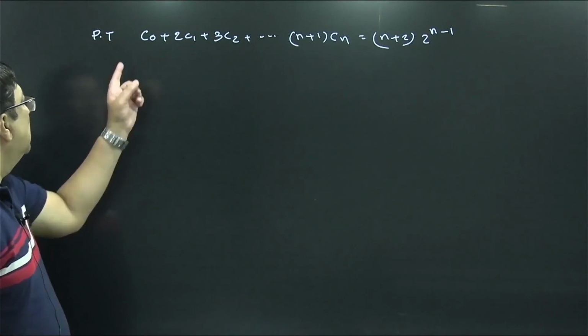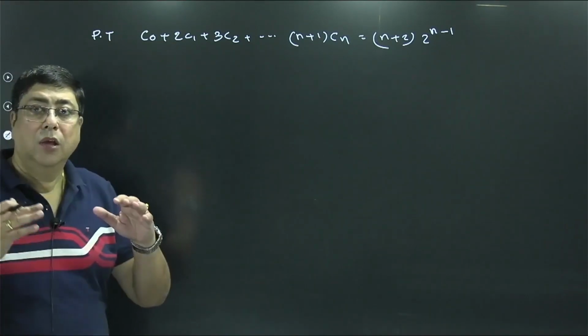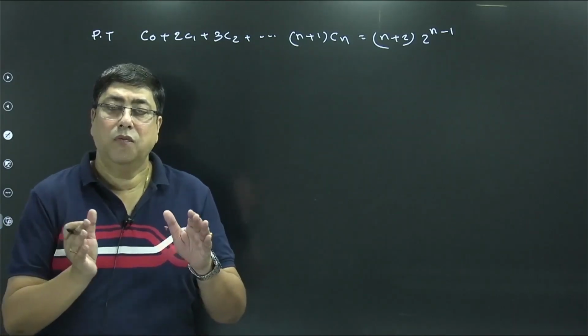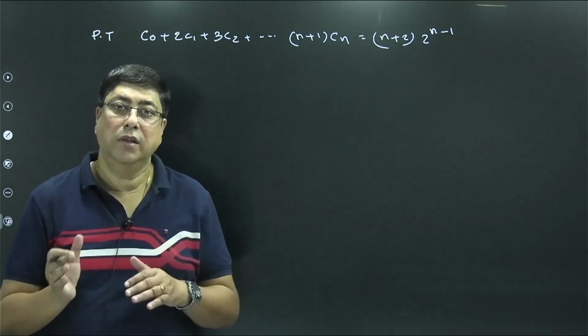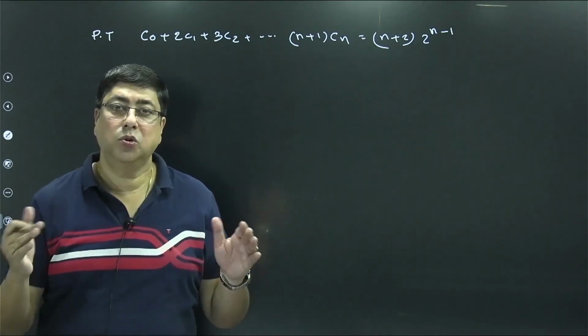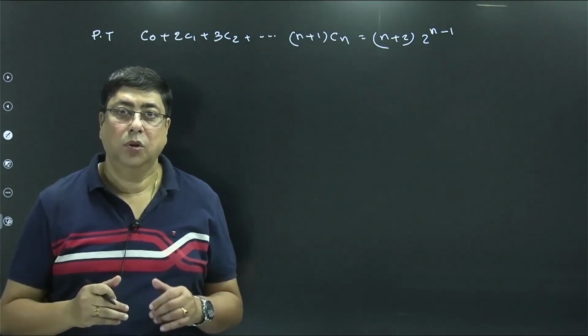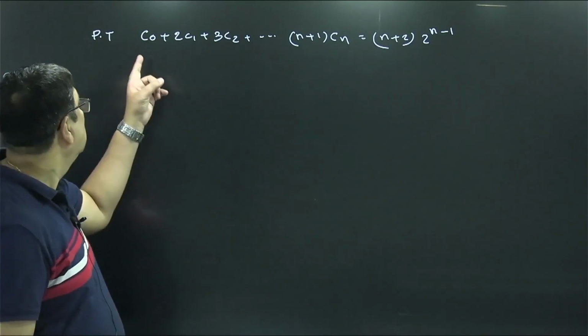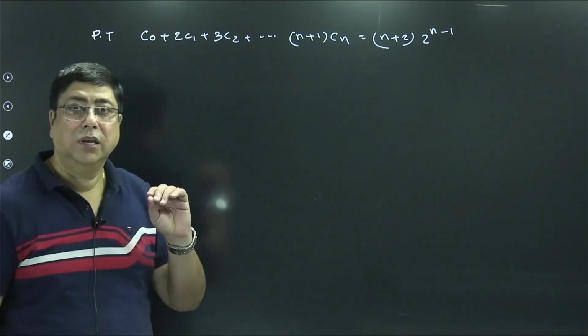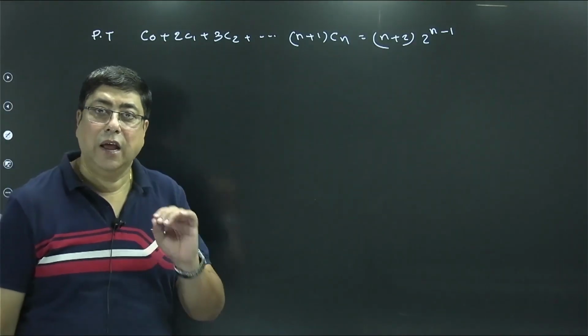In this sum, C0 plus 2C1 and so on. When applying calculus, when the coefficient is coming outside, it is differentiation. When the coefficient is a divided part in the denominator, it should generally be integration. In this case, C0 plus 2C1 plus 3C2, C0 exists, it means we cannot differentiate directly.